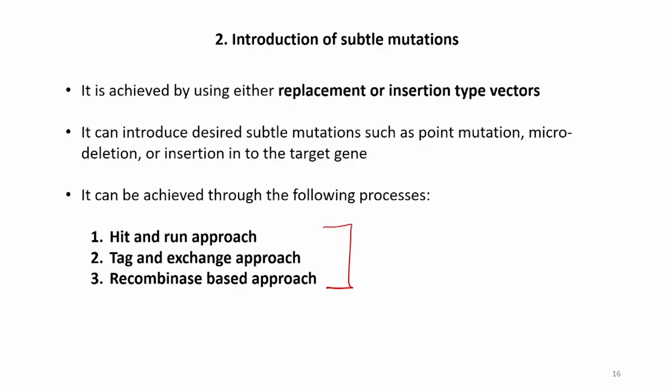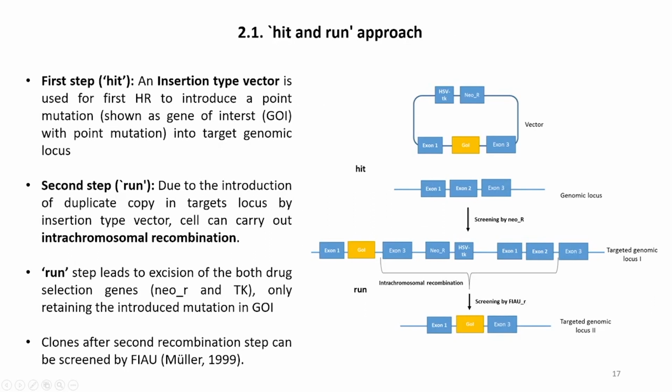This can be achieved through various processes like the hit and run approach, the tag and exchange approach, and the recombinase based approach. We will study all these approaches one by one in the following slides.